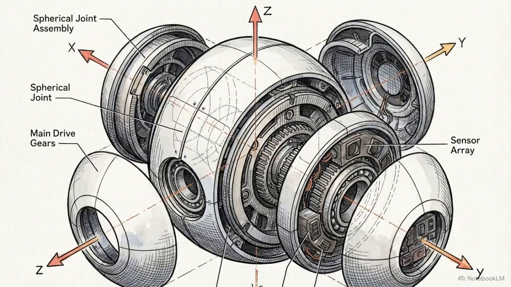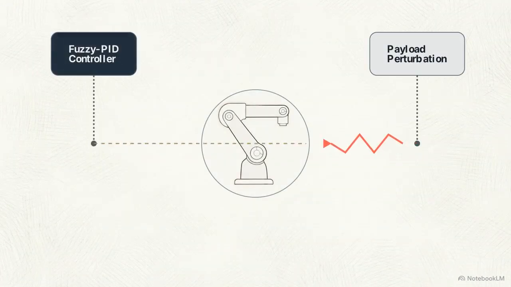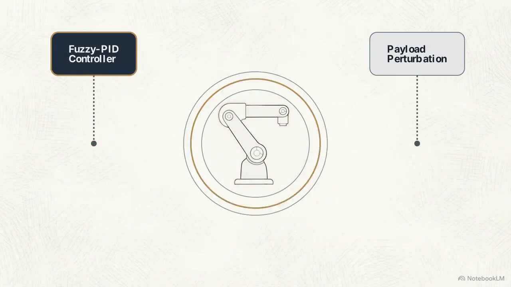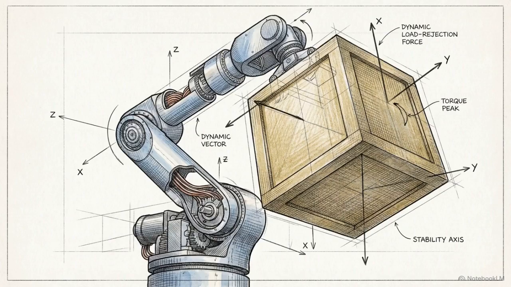On systems like the XK3 spherical robot, this mechanical redundancy is paired with a nonlinear disturbance observer and fuzzy PID control. The controller senses payload perturbations and instantly counters them, stabilizing the arm against heavy dynamic forces. Maximum payload limits are dynamic thresholds. They expand outward when engineers manipulate physical stiffness and integrate real-time algorithmic load rejection.